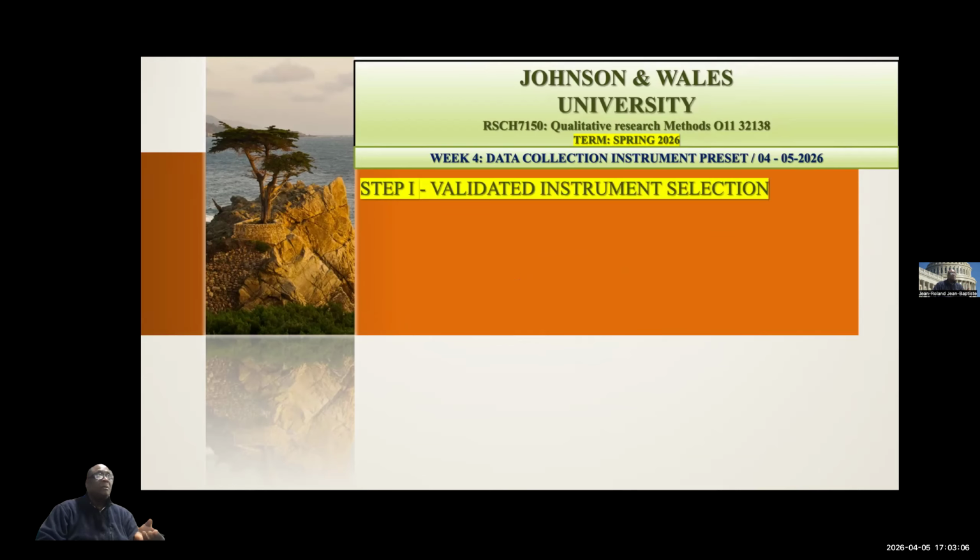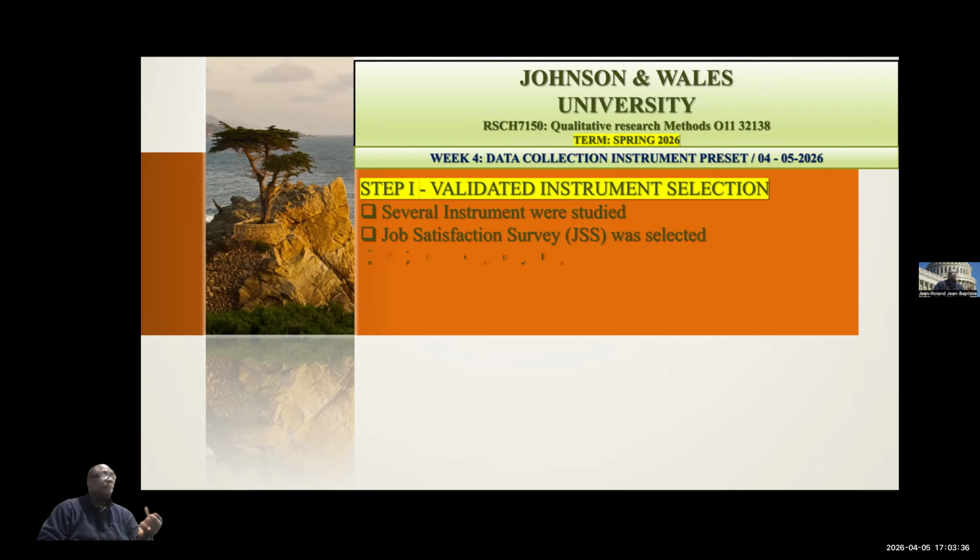Step 1, the validated instrument selection. As you know, there are several instruments that were studied. One of them was the job satisfaction survey. I selected it because I used it in the past, and I saw what it can do, and it was advised that I could use it too. Therefore, I used it, but with the idea to make some changes.